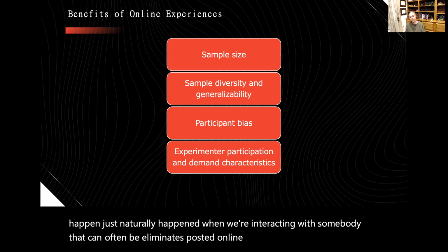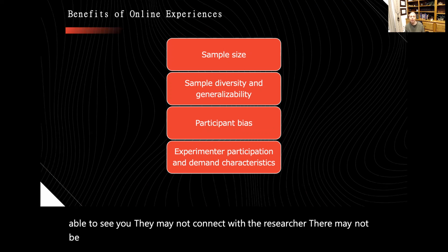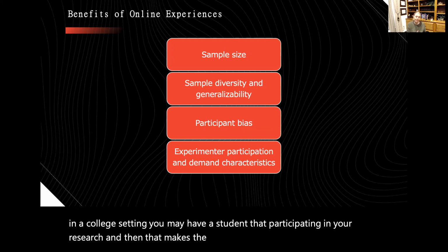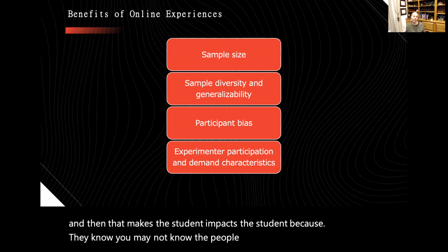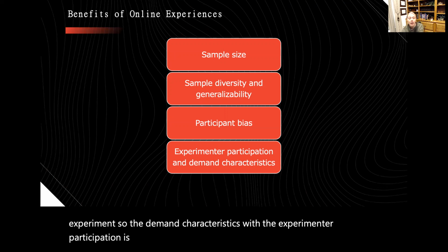They may not be able to see you. They may not connect with the researcher. There may not be any dynamic there the way there is with offline experiments. So let's say in a college setting, you may have a student that you know participating in your research, and that impacts the student because they know you. You may not know the people who are participating in your experiment. So the demand characteristics or the experimenter participation is limited, helping to make sure that you have less of an impact on your data.